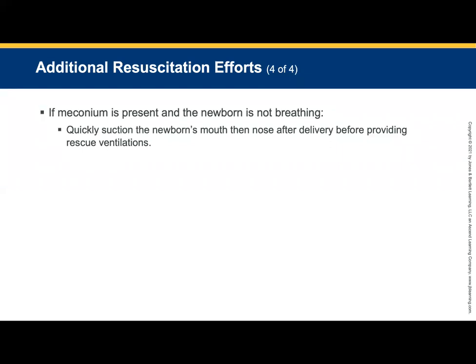The reason why is because I don't want that feces to go further into their lungs, because it's going to make that little body sick as can be. So if we can provide those abilities and get them cleaner oxygen, then let's do that. Let's make sure we get them as clean as possible, and then we can provide ventilations.